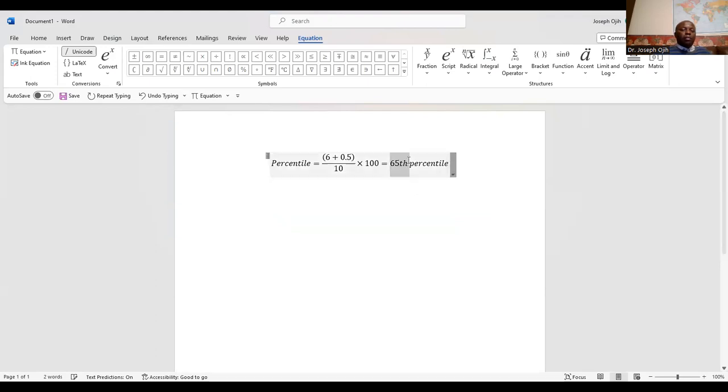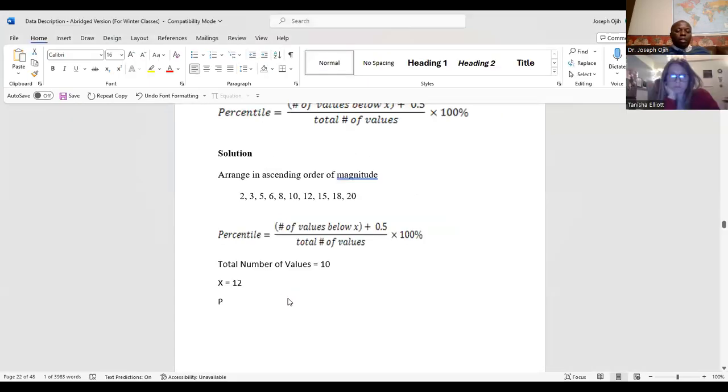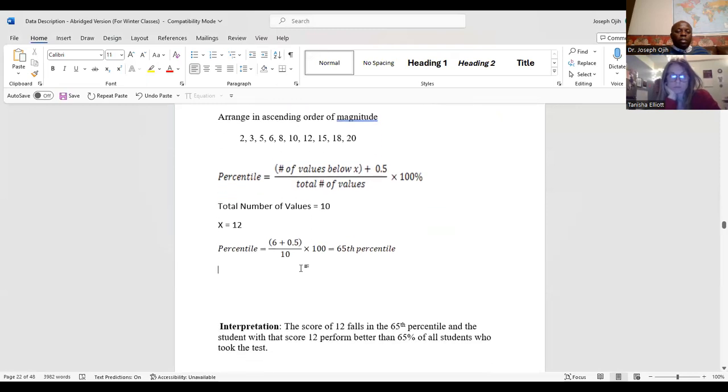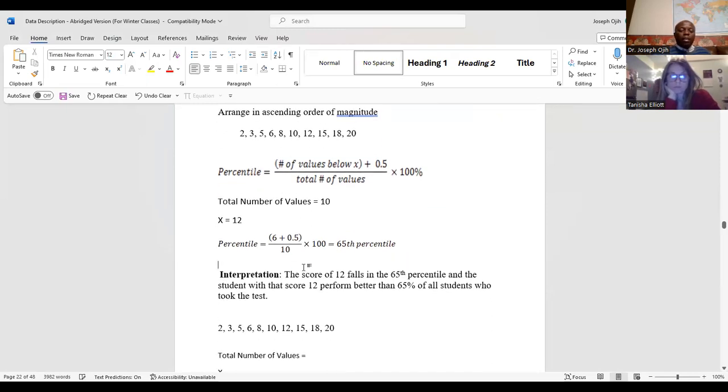I'm going to put it in our main workbook. This means that the score of 12 falls in the 65th percentile, and the student with that score performed better than 65% of all the students who took the test. Any question on this one?